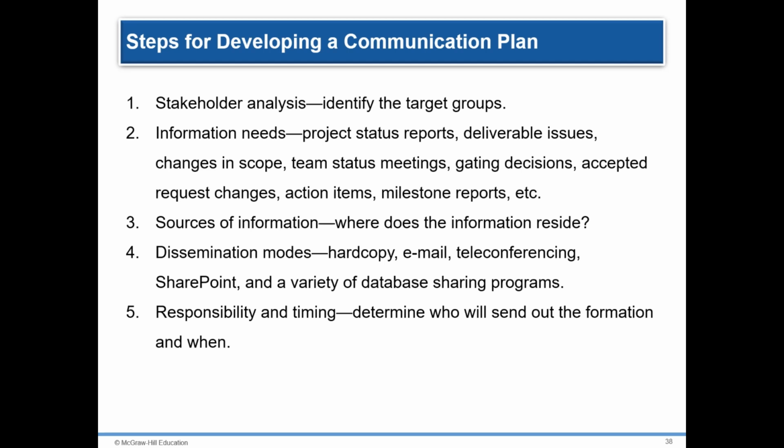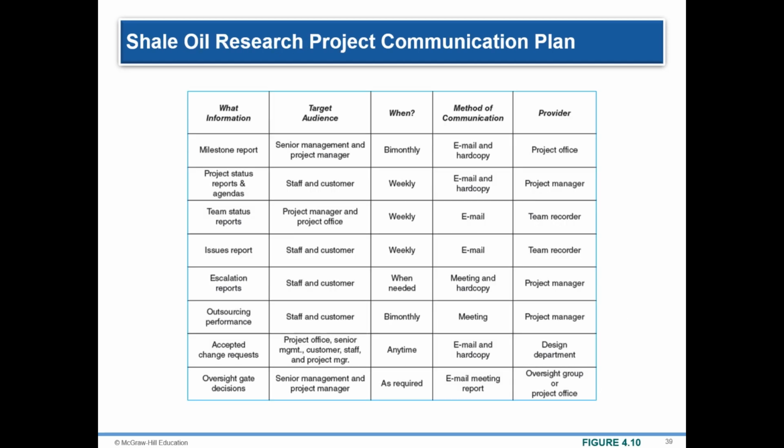Number 4 is the dissemination modes, including hard copy, email, teleconference, SharePoint, database, and so on. Number 5, responsibility and timing, which determine who will send out the information and when. Timing and frequency of distribution appropriate to the information need to be established.